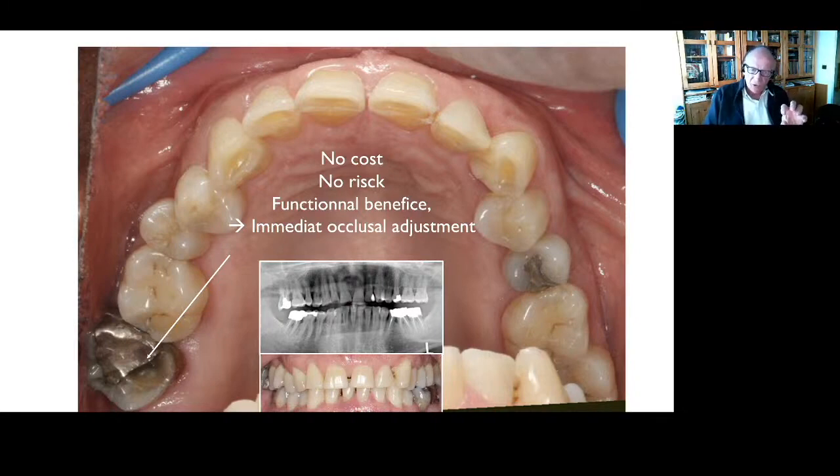In TMD cases, it is to make the diagnosis precise when it is imprecise. Another indication for condylography in TMD cases could be a repositioning splint. If for any reason I have to do not a classical splint but a repositioning splint, I need to adjust the articulator correctly.